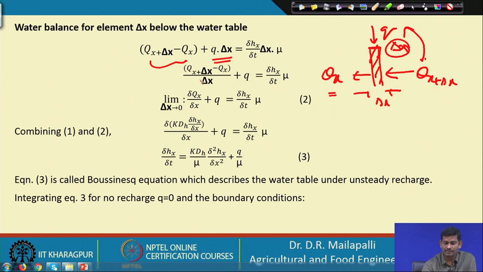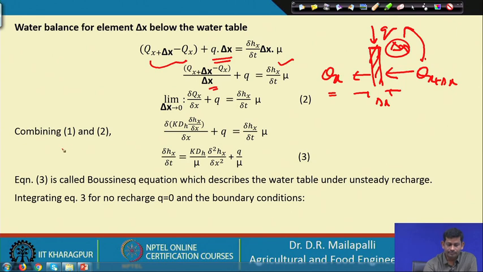So, q x plus delta x minus q x, divided by delta x, plus q is equal to delta h x by delta t into mu.